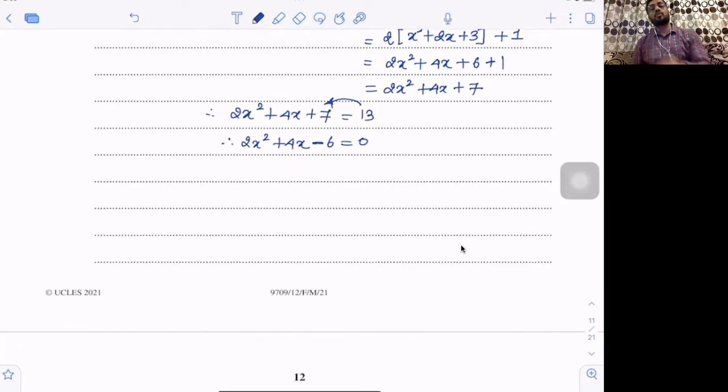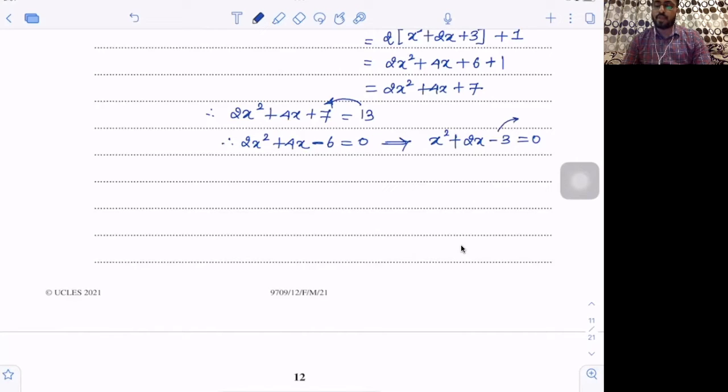You can again observe that it's a quadratic equation. There is a common multiple of 2, so you can divide throughout by 2. So this implies x square plus 2x minus 3 equal to 0, right, students? The last term is -3.